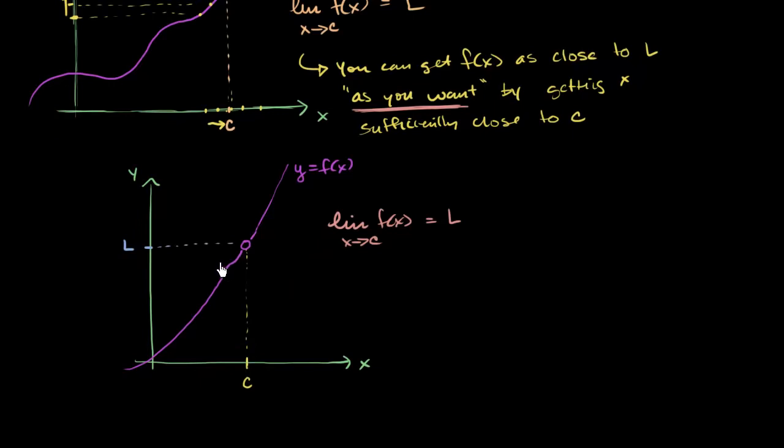It really is a little bit like a game. Someone comes up to you and says, well, okay, I don't necessarily believe that you're claiming that the limit of f of x as x approaches c is equal to L. I'm not really sure if that's the case.